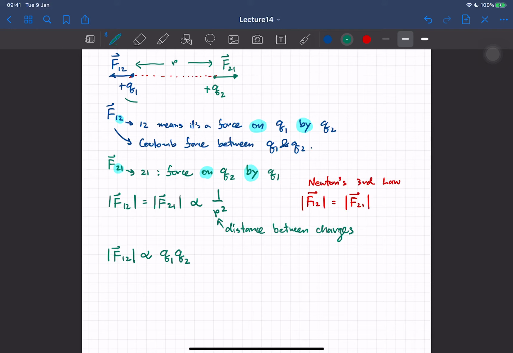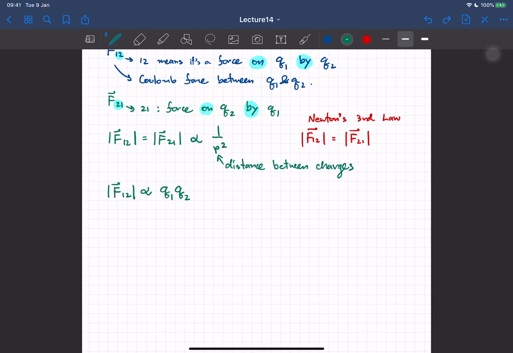So if you double the charge, for example, initially you have charge Q1 to be 10e, and you change it to 20e, twice as much, then the force will be double, no matter what Q2 is. If you fix Q1 and then you double Q2, the force will also be double. And if you double both of them at the same time, because they are multiplying, the force will be 4 times stronger.